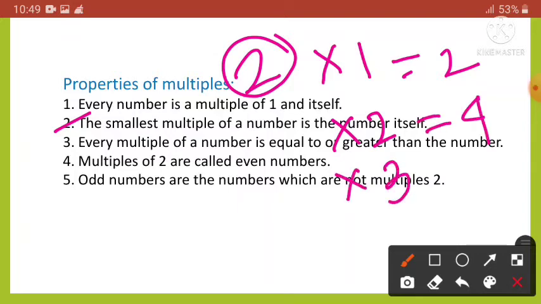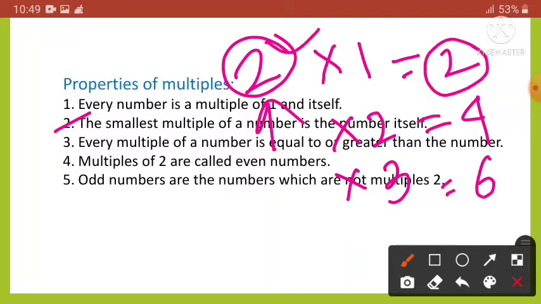If we multiply with 3, then we will have 6. So you can see that the smallest multiple of this number is the number itself. Whenever you check a number table, you will find that the smallest multiple of the number is the number itself.